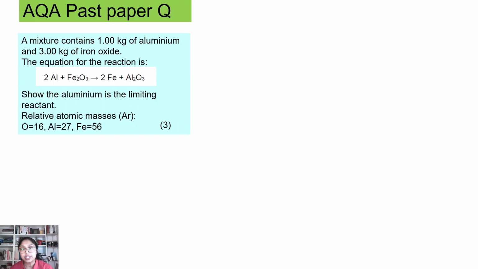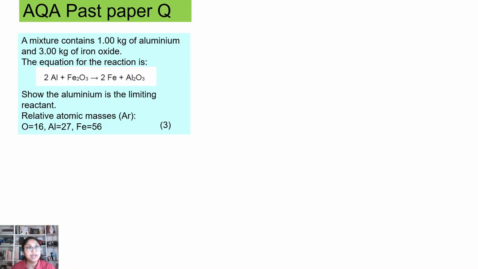Now the question is, what is a limiting reactant? The limiting reactant is the reactant that runs out first and stops the reaction. From the equation they have given, we can see that 2 moles of aluminium react with 1 mole of iron oxide to make 2 moles of iron and 1 mole of aluminium oxide.